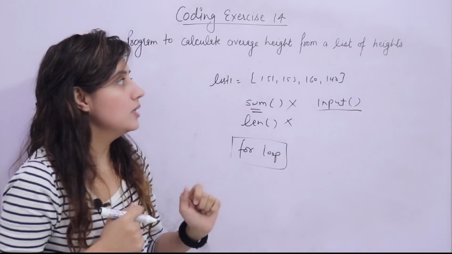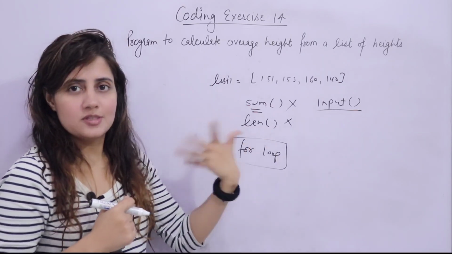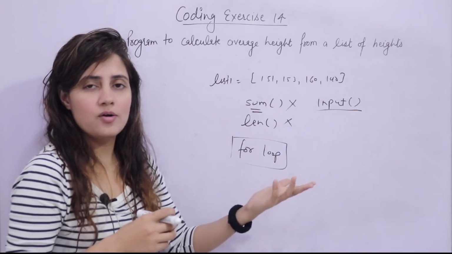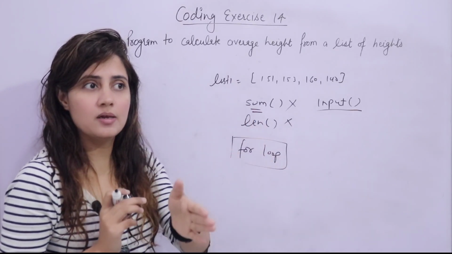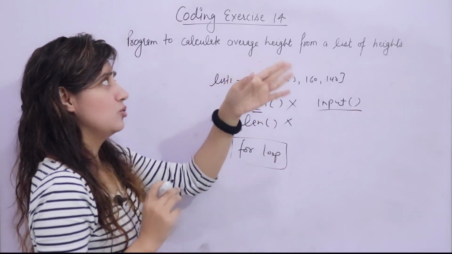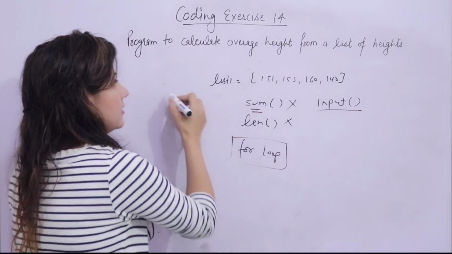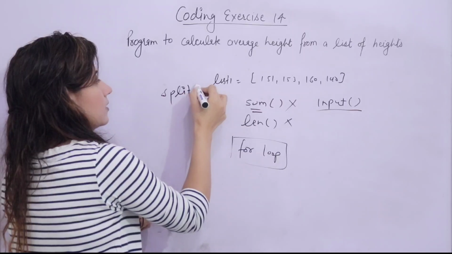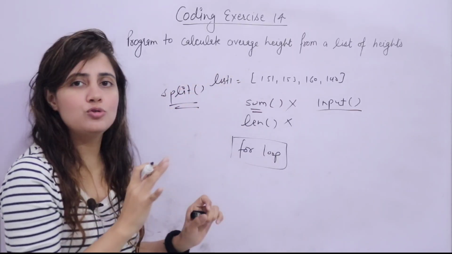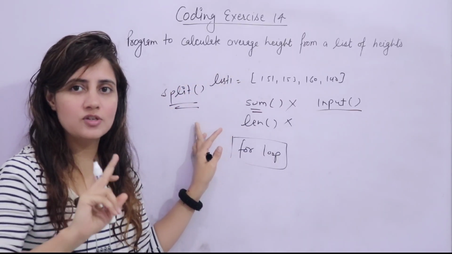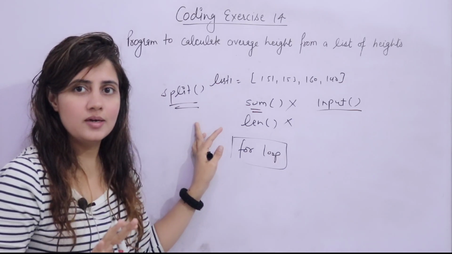Now let me just give you some hint. Or maybe if you have done that exercise, who will pay the bill? I think that was coding exercise 11 or 12. So in that we have used one function, split. So here also you have to use this function. First function is split, you have to use, right?